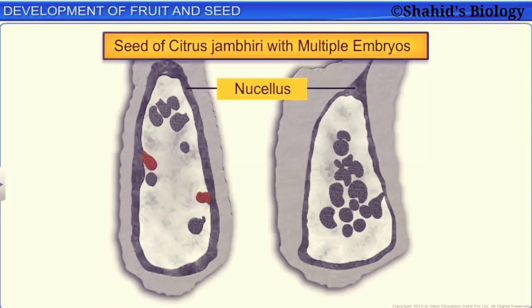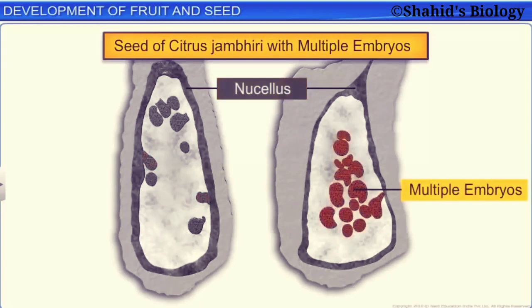Later, these cells develop into embryos, and hence a single seed contains more than one embryo. This phenomenon of having more than one embryo in a seed is called polyembryony.